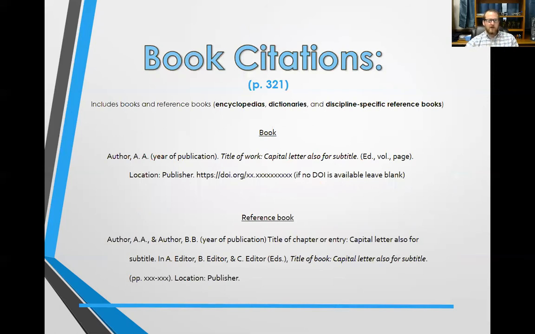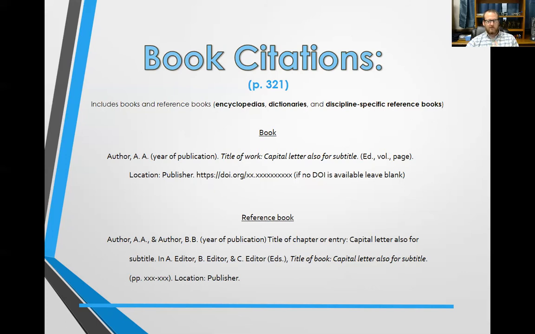Book citations. There's going to be two basic types of book citations. First is your standard book that has an author. So you're going to have the author, again, year of publication, the title of the work. If it's in the 2nd or 3rd edition, you're going to include that in the parentheses after the title.